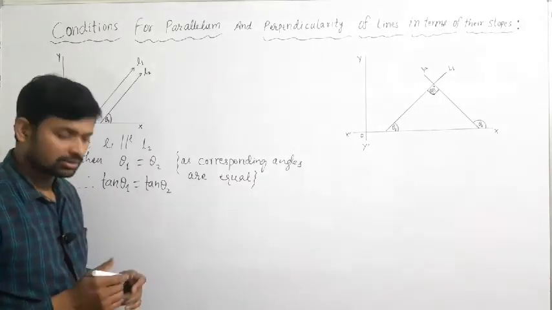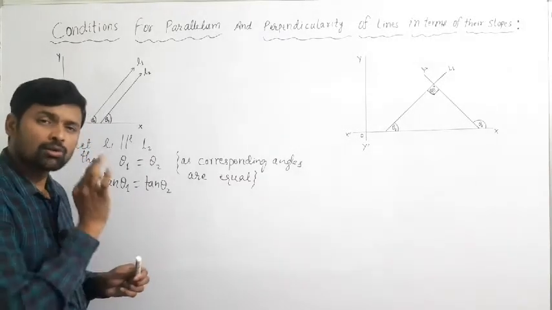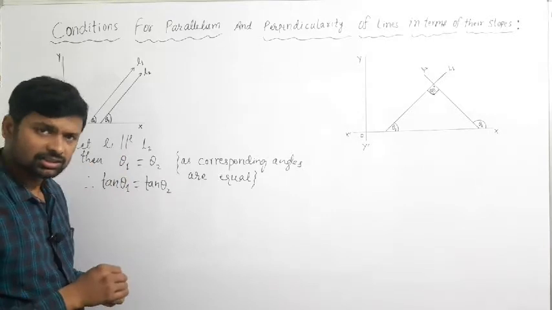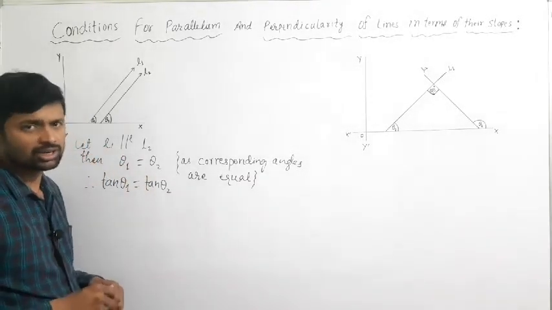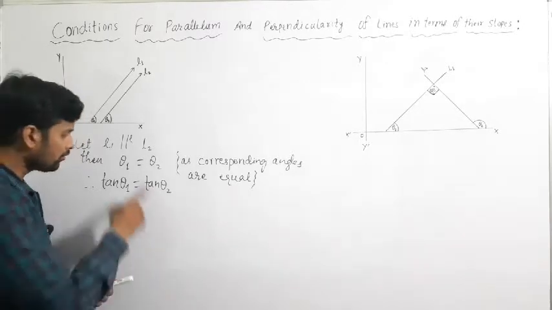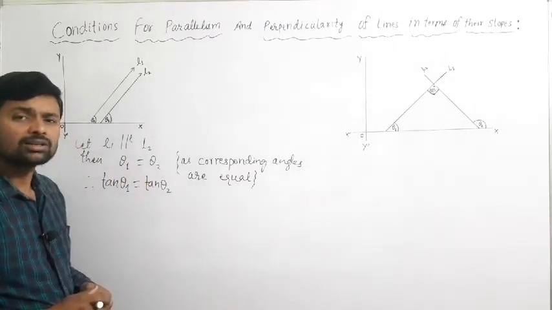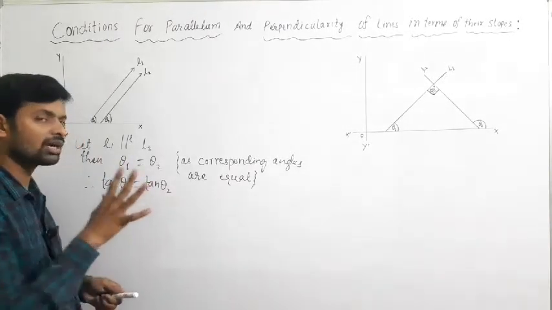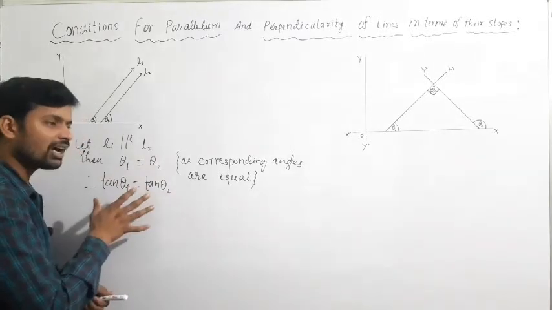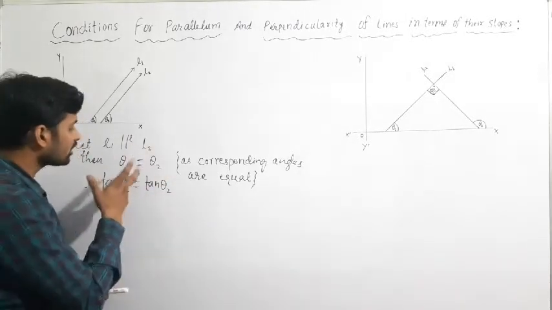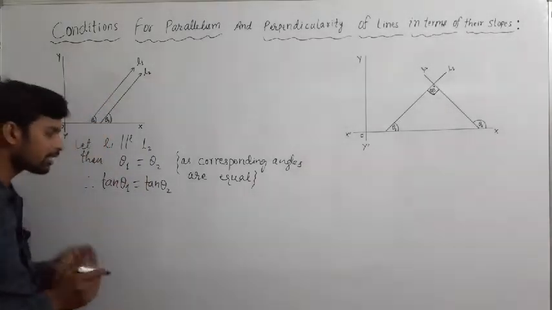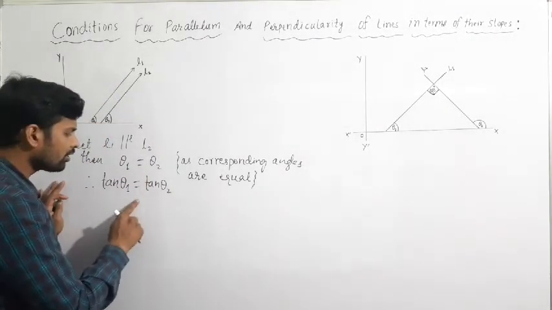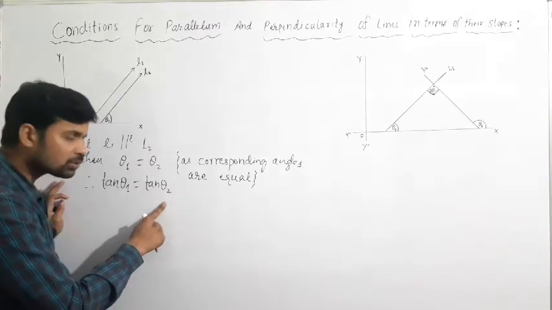Inclination of a line can vary from 0 degree to 180 degree, and in this domain, if two different angles are equal, their tangents are also equal, their sines are also equal, their cosines are also equal. So tangent of theta 1 must be equal to tangent of theta 2.